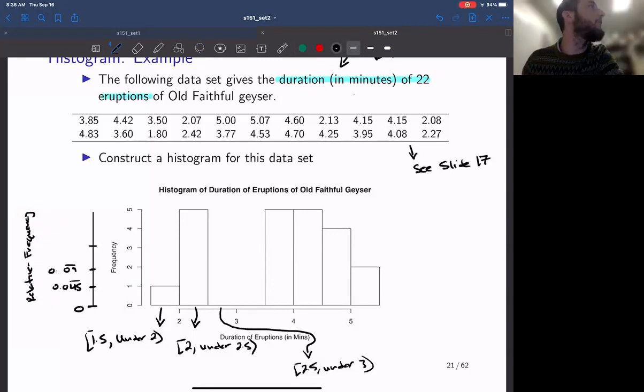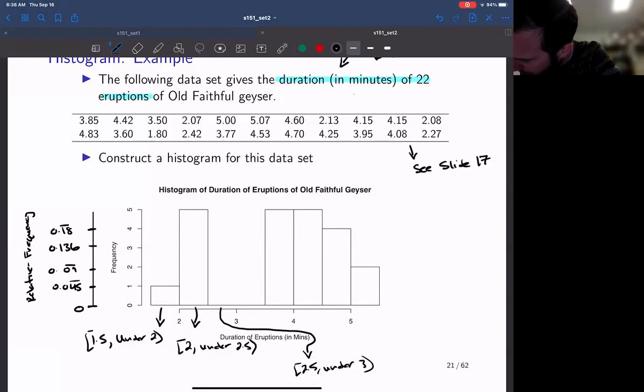And then we would have 0.136 roughly. And then we would have 0.18 repeating. And then we would have 0.227.